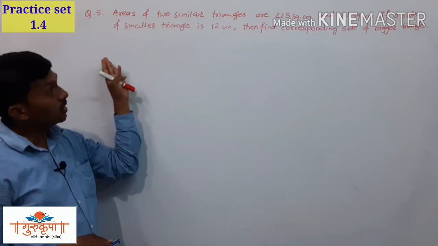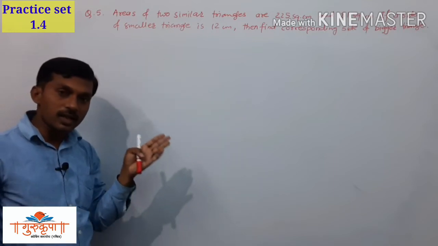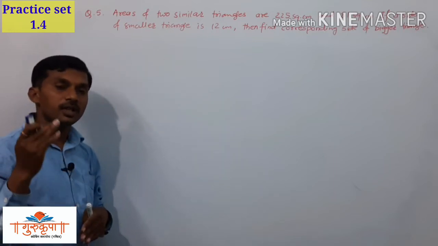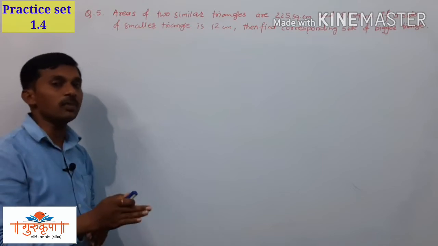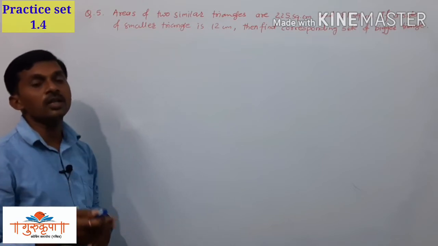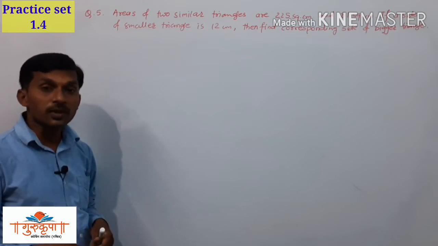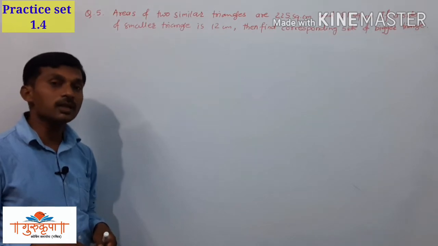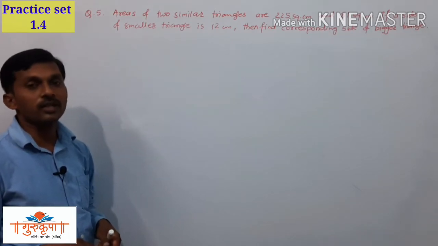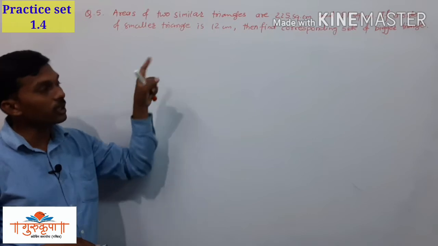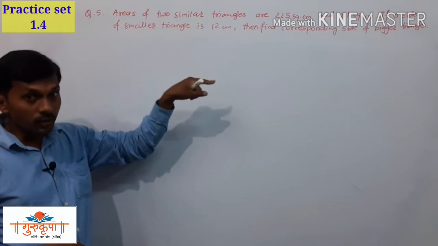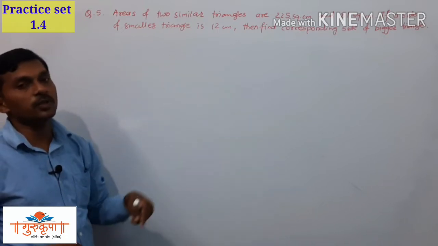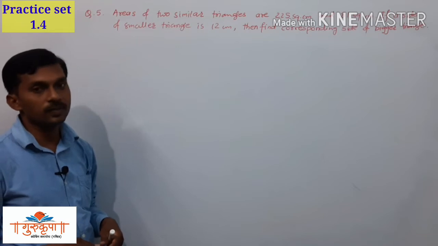Now here the triangles are similar. When the triangles are similar, the ratio of the areas of two similar triangles is equal to the ratio of the squares of their corresponding sides. That is very important.